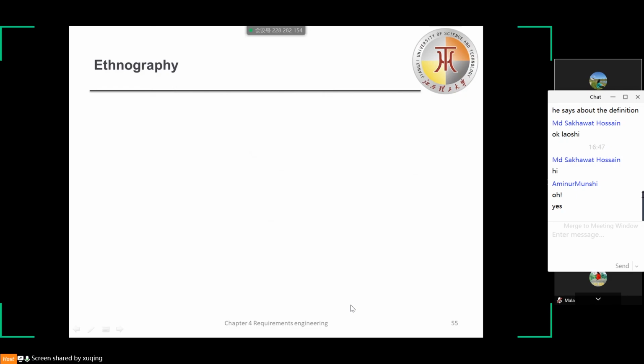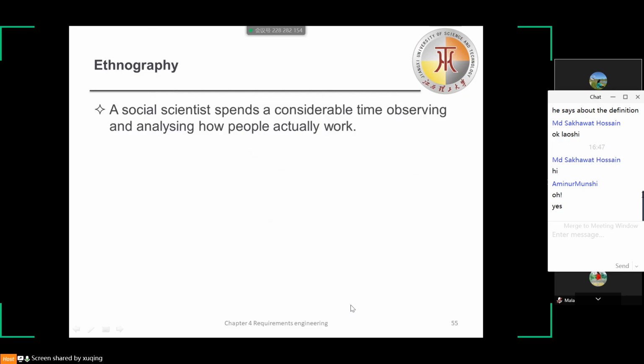technique is ethnography. Here, we say that ethnography is an observational technique that can be used to understand operational processes and can help derive support requirements for these processes.